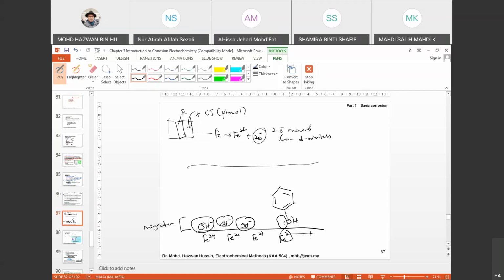This creates a temporary bond, which competes with or jeopardizes the adsorption of OH minus ions onto the surface, because it has already reacted with the inhibitor. Because once this is formed, it can form Fe(OH)2, and then this becomes rust.